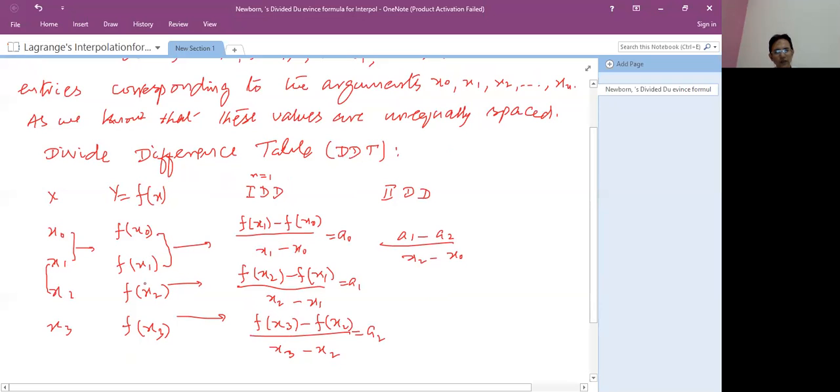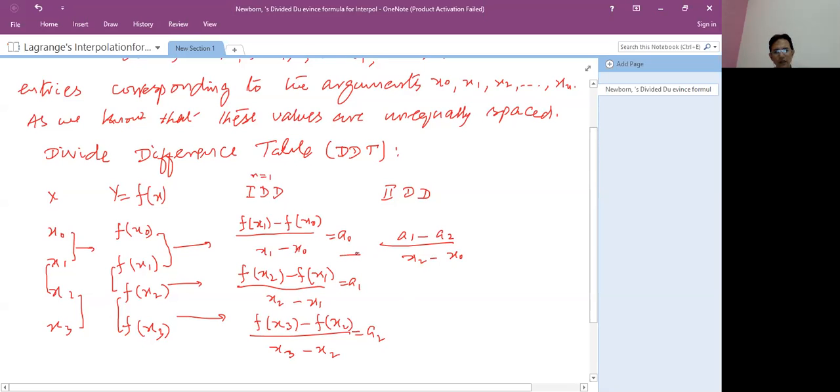Similarly, for the next, f of x2 minus f of x1 divided by x2 minus x1, we write the name a0, a1, and the last value, f of x3 minus f of x2 in the numerator divided by x3 minus x2, we write the name a2.